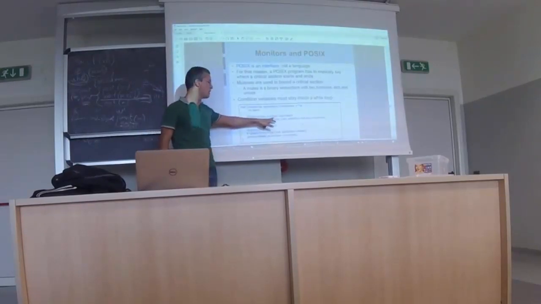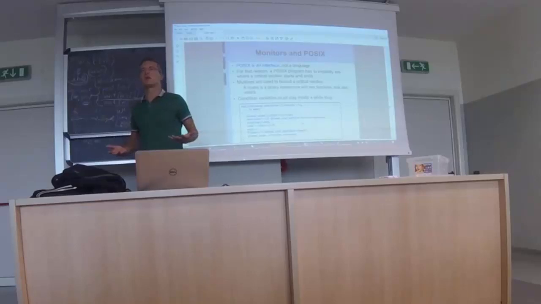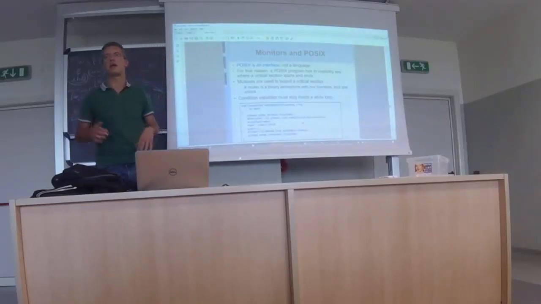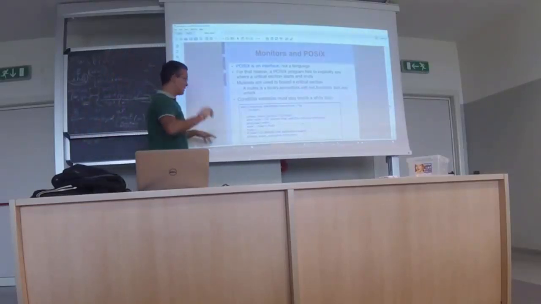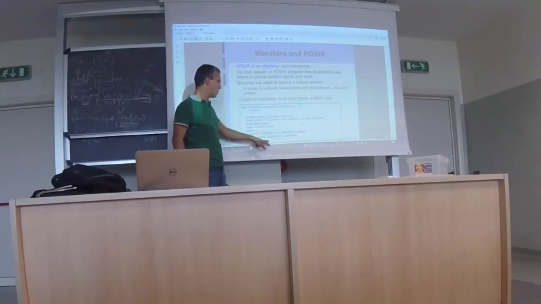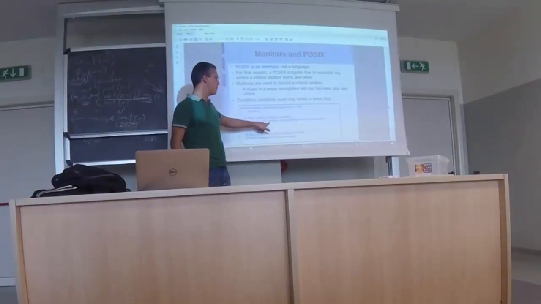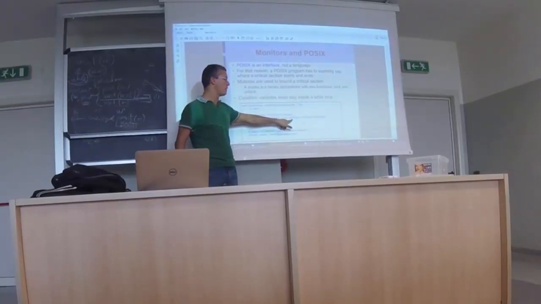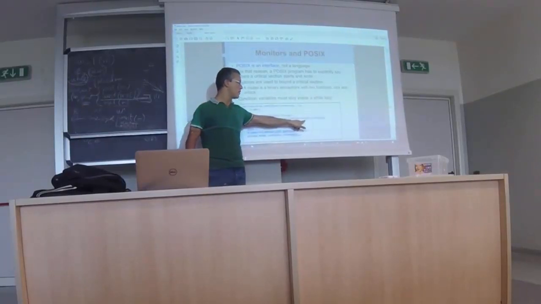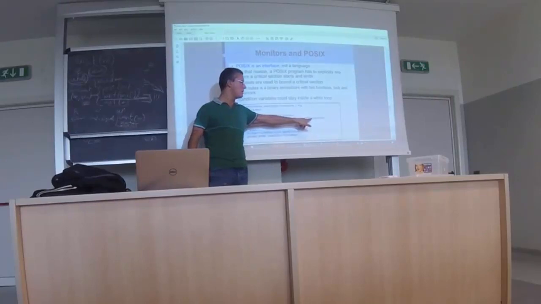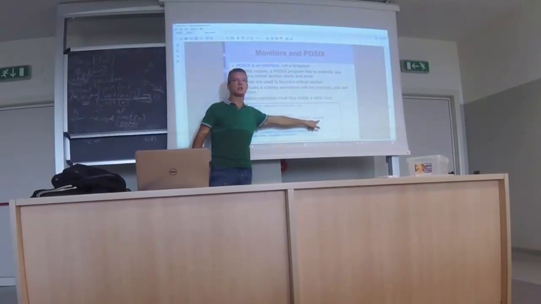So this is the mutex, this is a lock. It's like a binary semaphore, a mutex. It's like a semaphore 0, 1, no counter in it. So mutex lock, mutex unlock. And the semantic of cond wait is pthread_cond_wait. This is the condition variable, and this is the associated mutex.